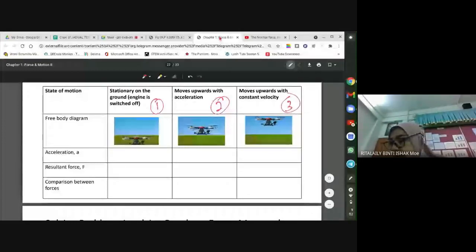Okay, so let's call upon Abhirami Tiaga. Oh, there are two Abhirami now. Abhirami Tiaga, can you please state the situation on diagram 1? Yes?